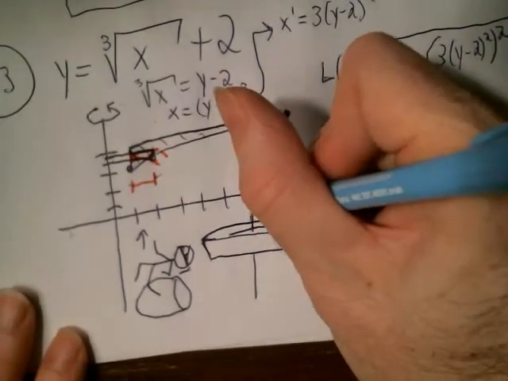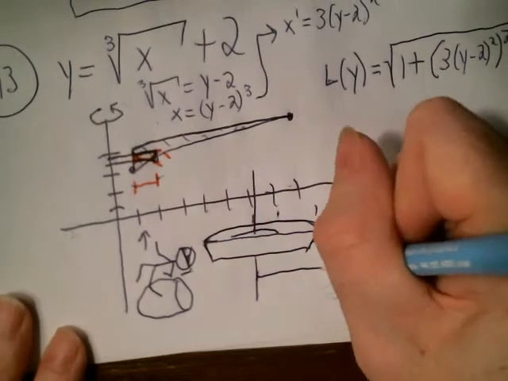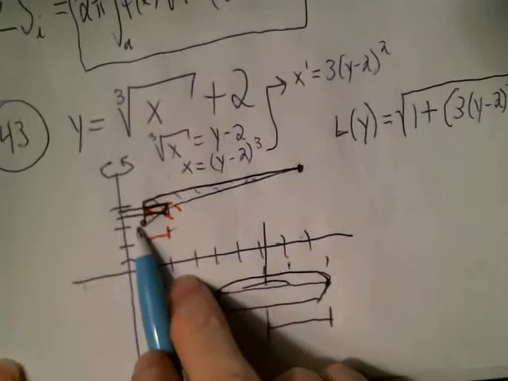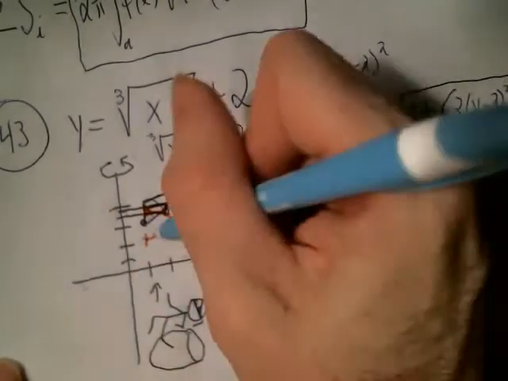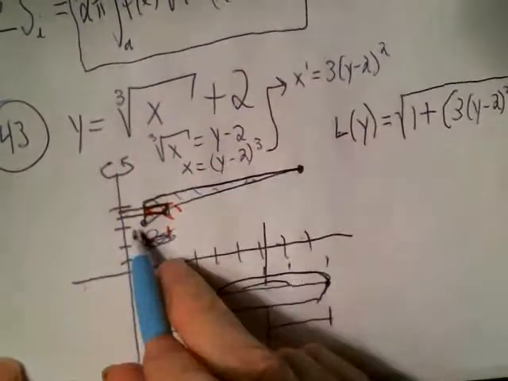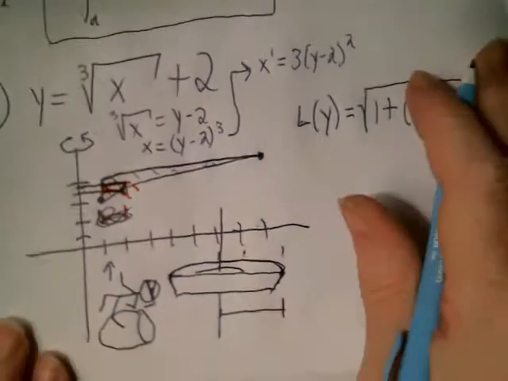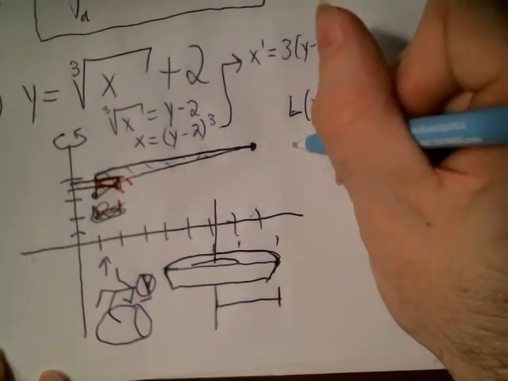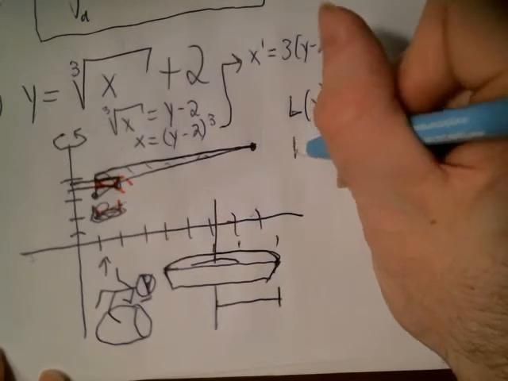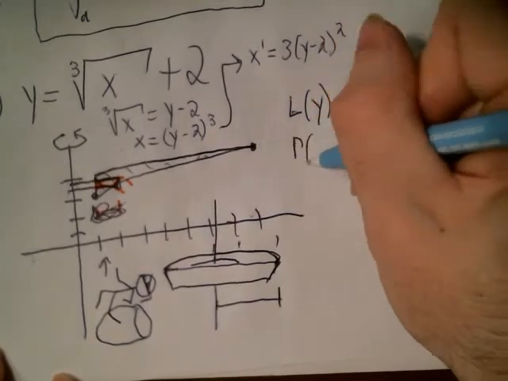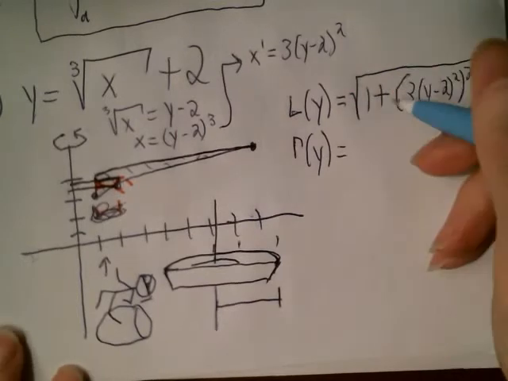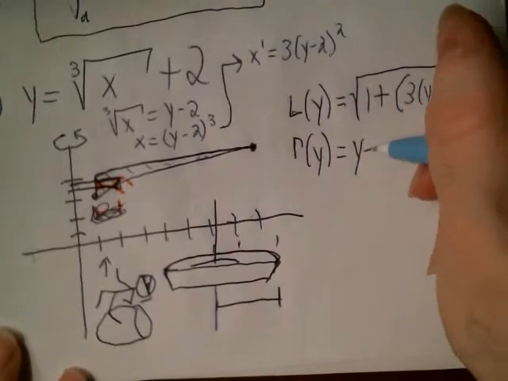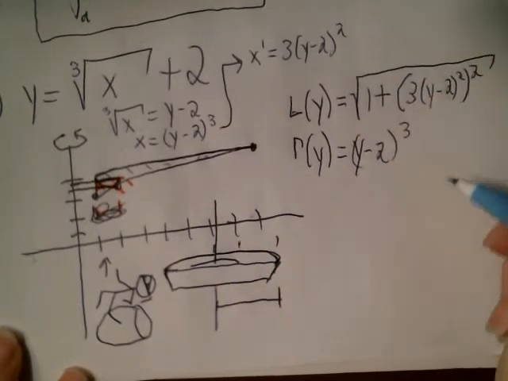It's this dimension from here to here that I'm after. So I'm not going to be considering this little hole part. I just go from here to here, and that formula is not so bad. So let's call that a radius function, r of y, and that'll just be given by this guy here. So that would just be y minus 2 cubed.